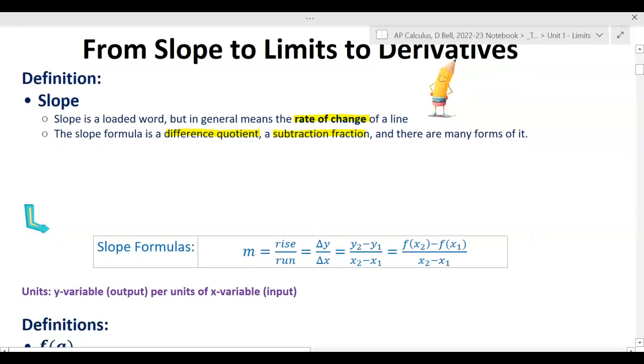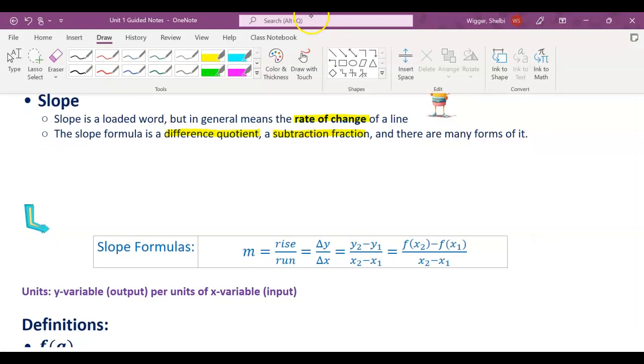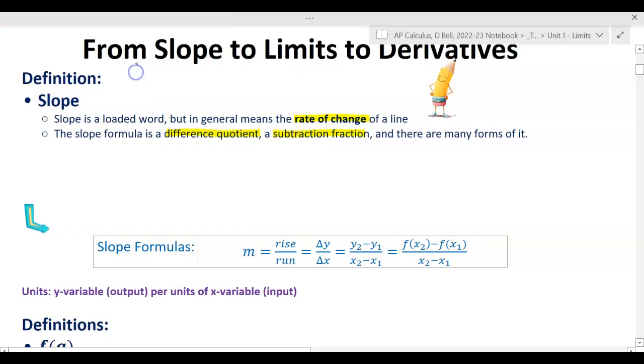So I'm sure you know slope as rise over run. That's graphically. This is delta y over delta x, where the triangle means change in. So we have a change in y over a change in x.